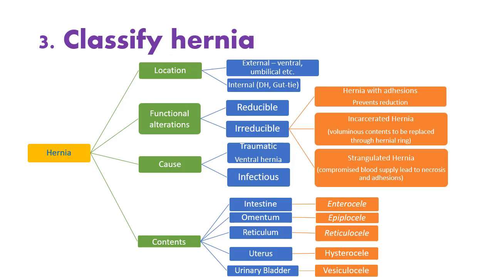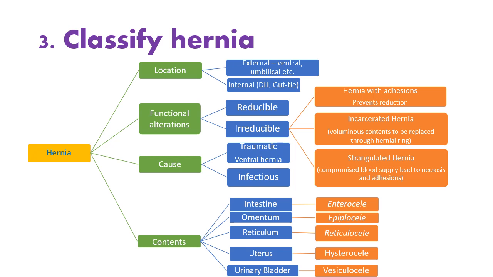Third question: classify hernia. Hernia is classified into various types on the basis of location. It may be external or internal. External includes ventral hernia and umbilical hernia, and internal includes diaphragmatic hernia. On the basis of functional alteration, it is reducible or irreducible hernia.